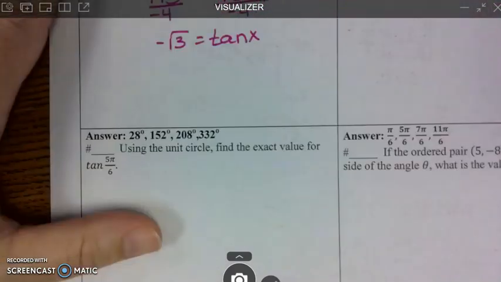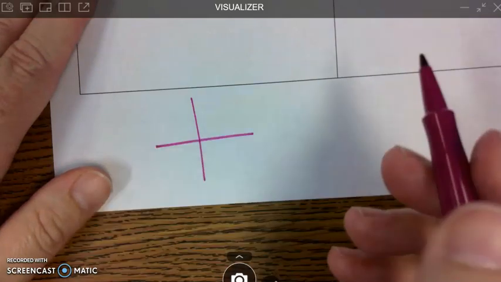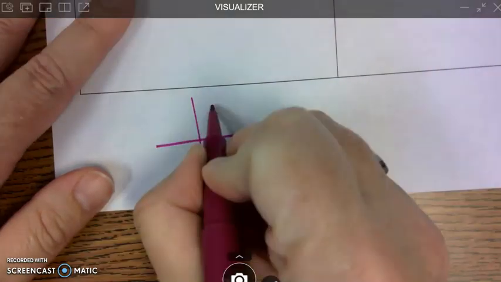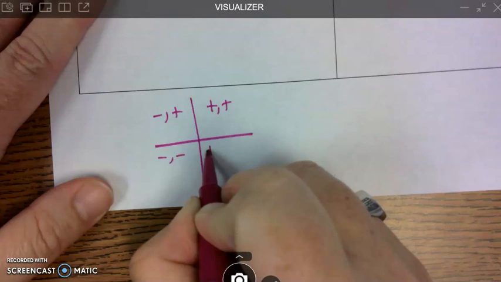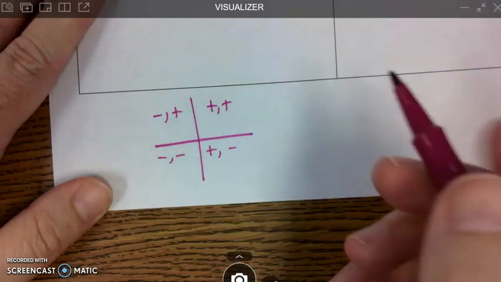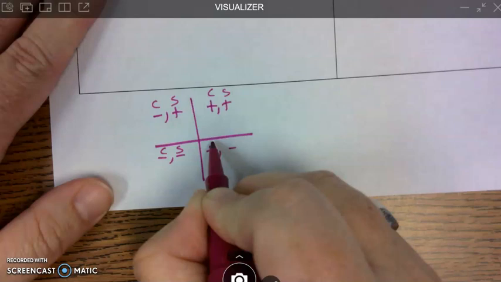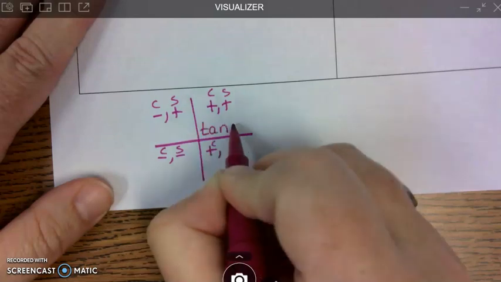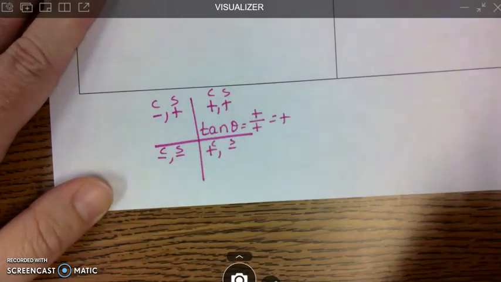Now we have to figure out where tangent is negative. So I'm going to come down here and get some paper. Remember the signs: positive, positive, negative, positive, negative, negative, positive, negative, for cosine, sine. Tangent is just sine divided by cosine. A positive divided by a positive is a positive, not quadrant 1.